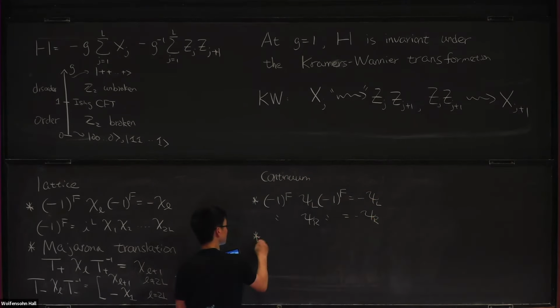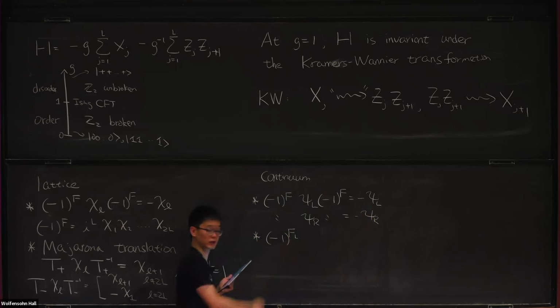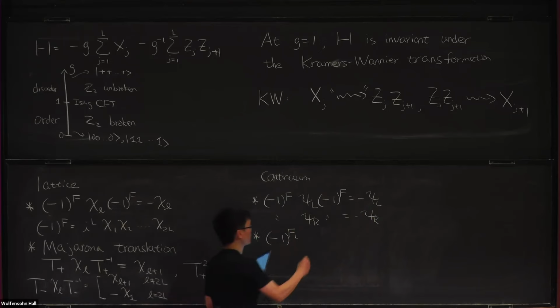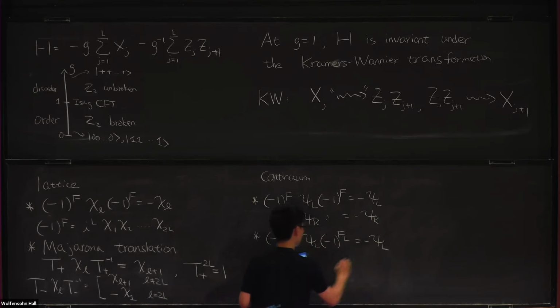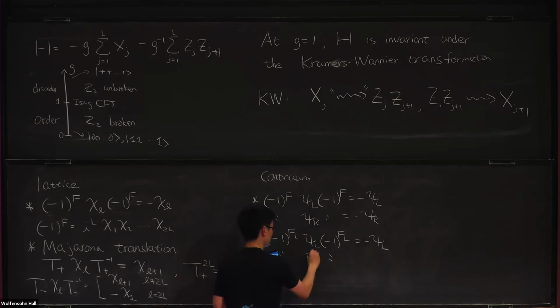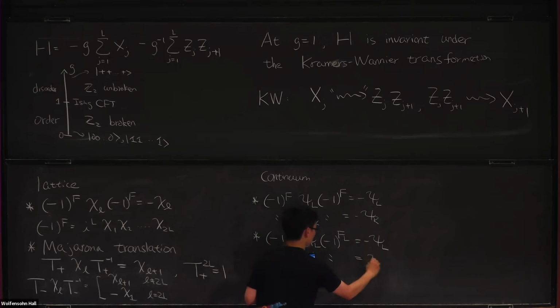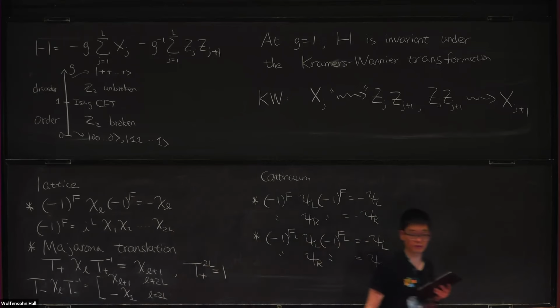But in addition to that, we also have a chiral fermion parity, which I call (-1)^{F_L}. This only flips the sign of the left-moving fermion, but leaves the right-moving fermion invariant.